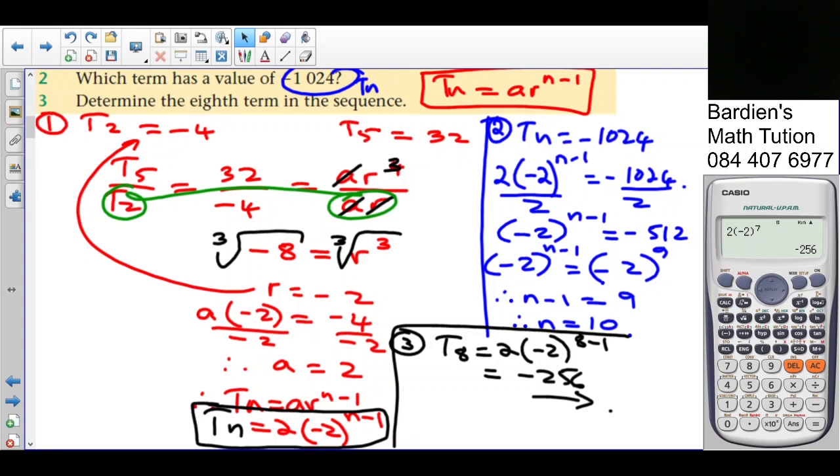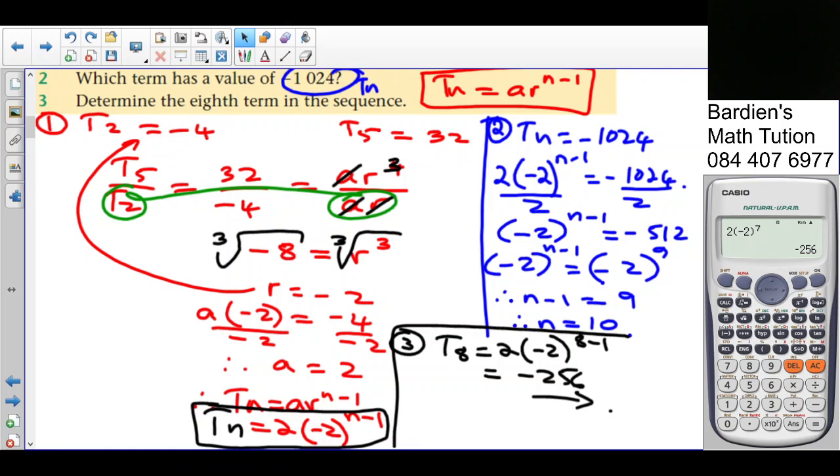People, the next question. Number 2. Which term has a value of negative 1024? So what do I do with that? I say Tn is equal to negative 1024. What is Tn? 2 into negative 2 to the n minus 1 is equal to negative 1024.